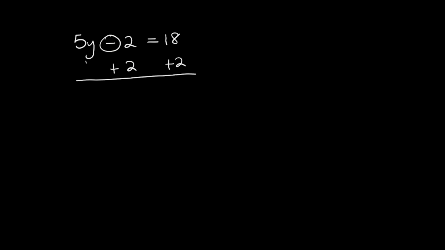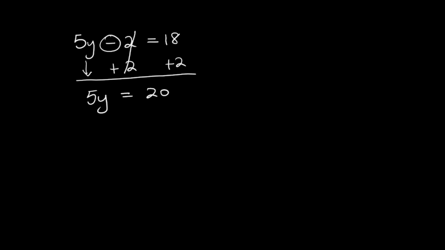Now let's say we had an equation like this. 5y minus 2 is equal to 18. Go ahead and solve for y. Now, to get rid of the 2 on this side, we add 2, which is the opposite of this negative sign, and then we add 2 to this side, bring down our 5y, and this becomes 0, and 18 plus 2 is 20.